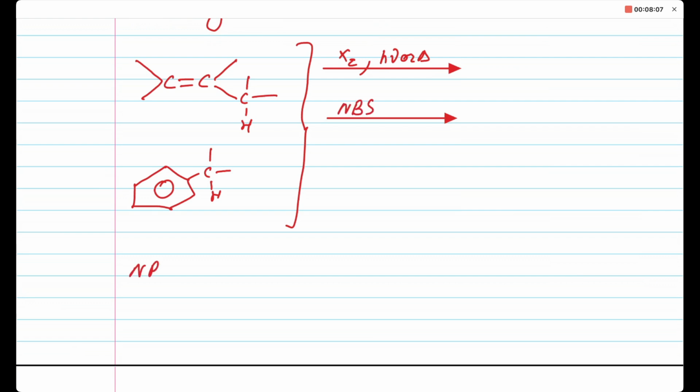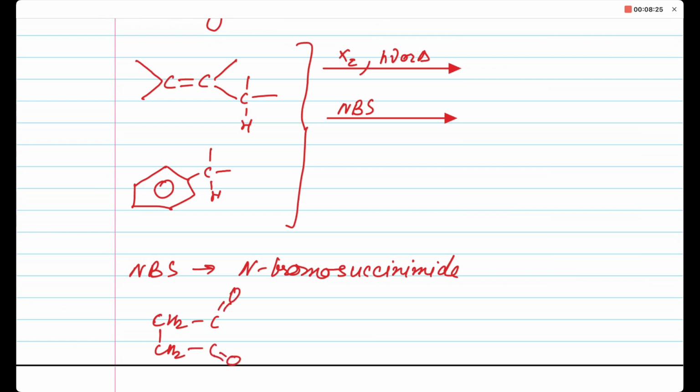Now, NBS stands for N-bromosuccinimide, having the structure CH2, CH2, C double bond O, C double bond O, NBr. Generally, it is not written in such an elaborate way. It's simply written like this. We have NBr here, double bond O, double bond O.